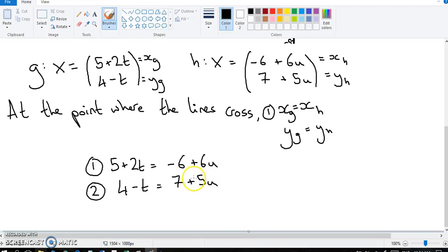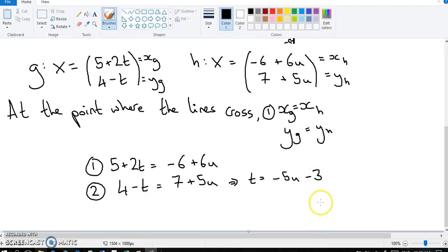And now I have a system of linear equations in two variables, two equations, two variables. I just need to solve for t or u, or both to double check, and then substitute back. So what I'm going to do is I'm going to use the substitution method, and I'm going to rearrange number 2 to give me t is equal to -5u minus 3.